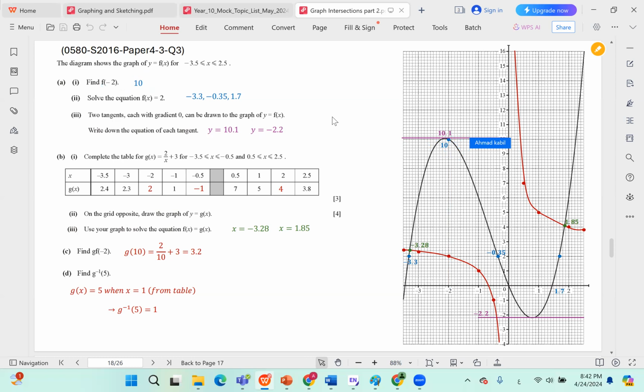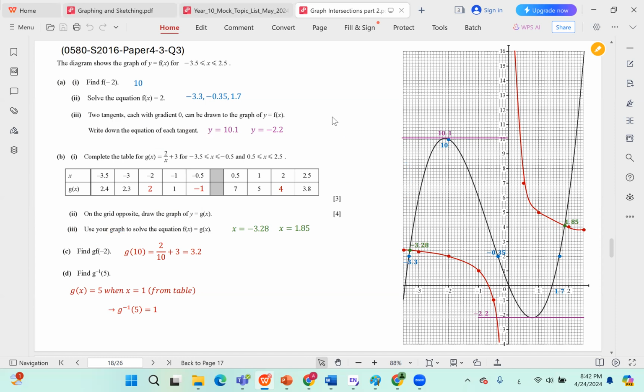So g of f of negative 2 is the same as g of 10. Now, g of 10 is basically the value of y when x equals 10. However, we cannot get that from the graph because the graph does not reach x equals 10. But we can get that from the equation here. So 2 over 10 plus 3, this is equal to 3.2. So the answer here is 3.2.